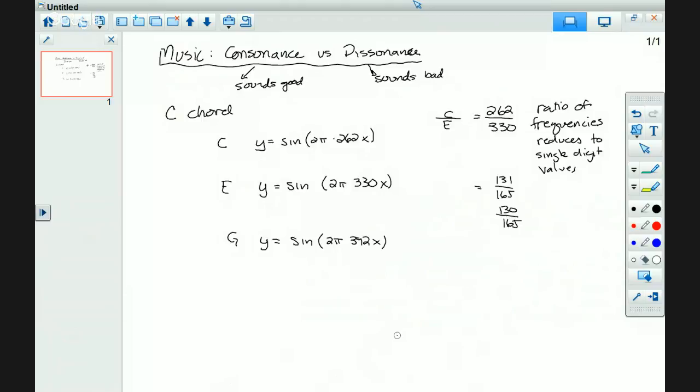So divide by 5 maybe? Top and bottom. Here I divided by 2. What do I get? 30 what? Barely. Like I said, this is not an exact science. You have to fudge your numbers a little bit sometimes.